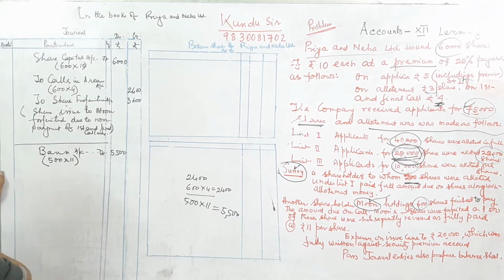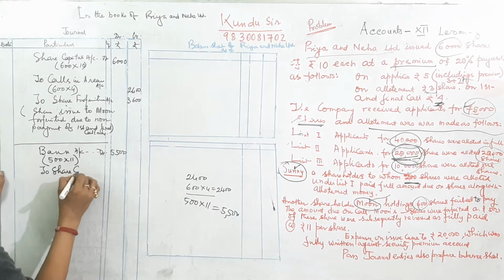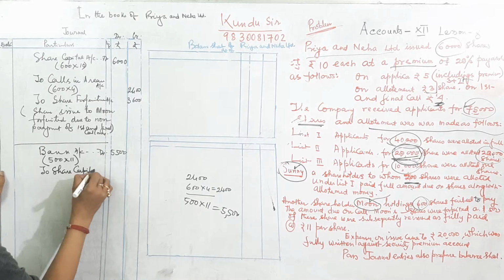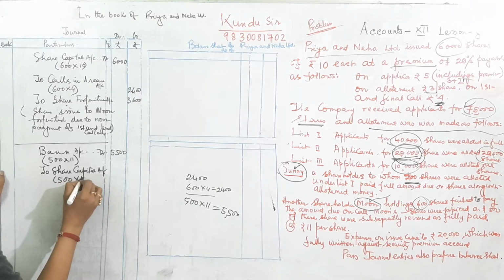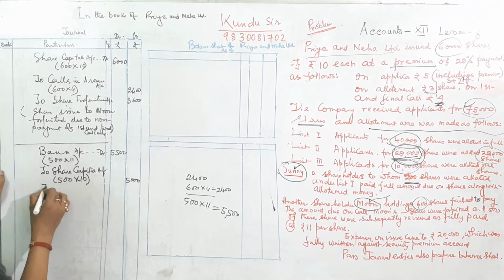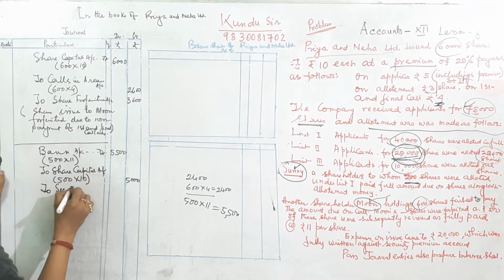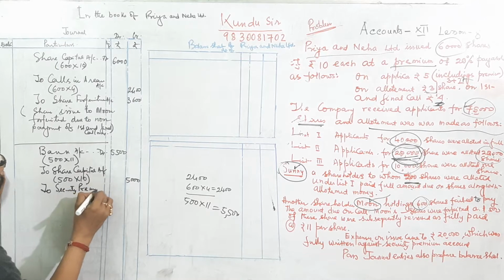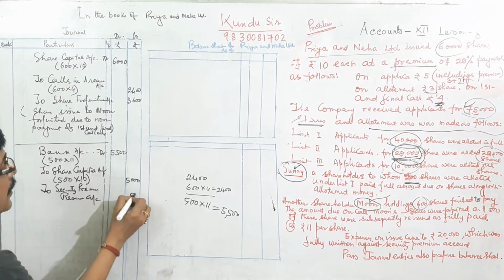Now to share capital account, 500 into face value of the share, 5,000. Then the extra is premium, securities premium reserve account, it is 500.